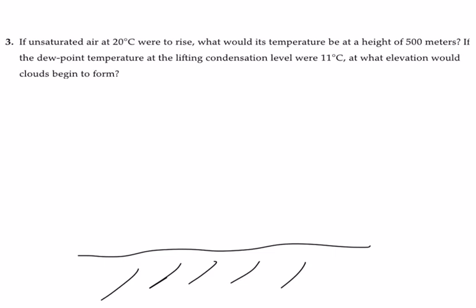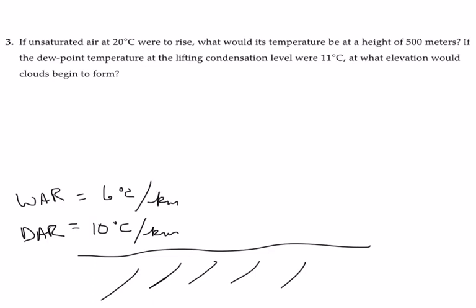It's going to rise according to the dry adiabatic rate until it starts condensing. First it's going to go the DAR, so it's going to get bigger and bigger, and it's going to cool down 10 degrees Celsius for every kilometer it rises. Then it's going to cool according to the wet adiabatic rate, which we can go with 6 degrees Celsius per kilometer. Not 6.5, 6.